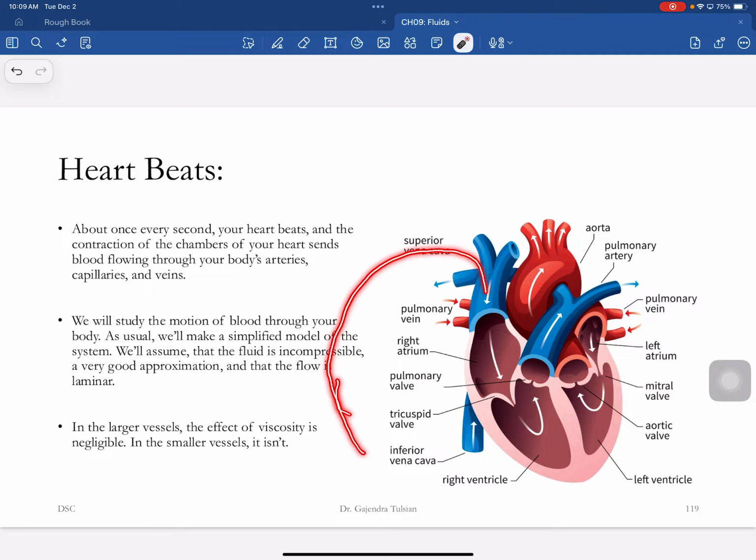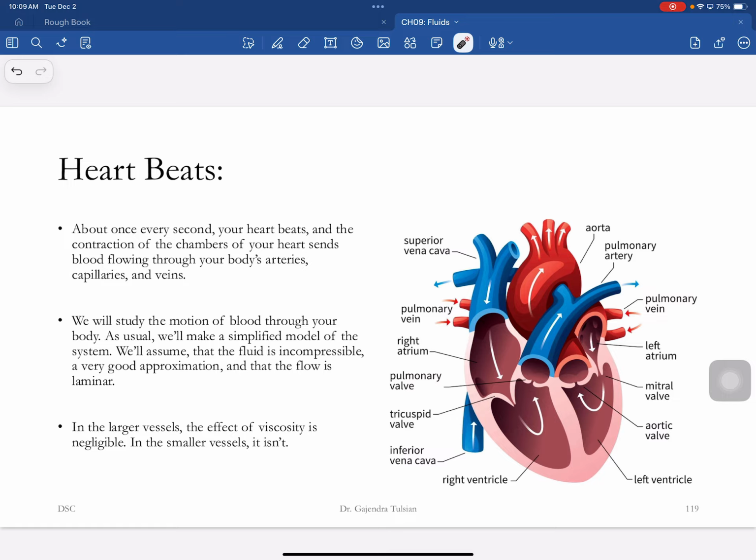Deoxygenated blood from the body has come to the right atrium. That gets sent to the right ventricle, which sends this blood to the lungs to get oxygenated. Then that blood from the lungs comes back to the left atrium, which gets sent to the left ventricle, and from here you send the oxygenated blood to the whole body.